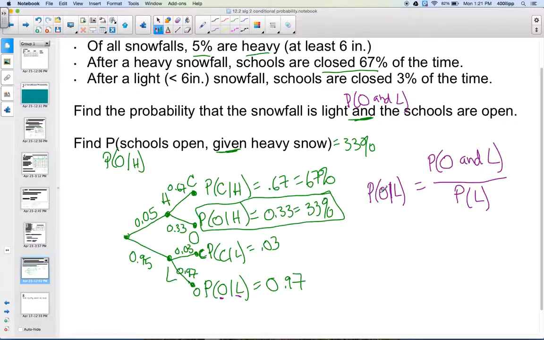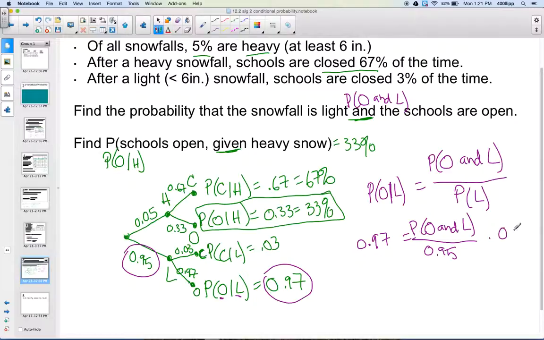So the probability it was open given it was light, we have that right here. That's 0.97. 0.97 is equal to the probability of open and a light snowfall over the probability it was a light snowfall. We have that one right here, 0.95, and then we're going to multiply both sides by 0.95.